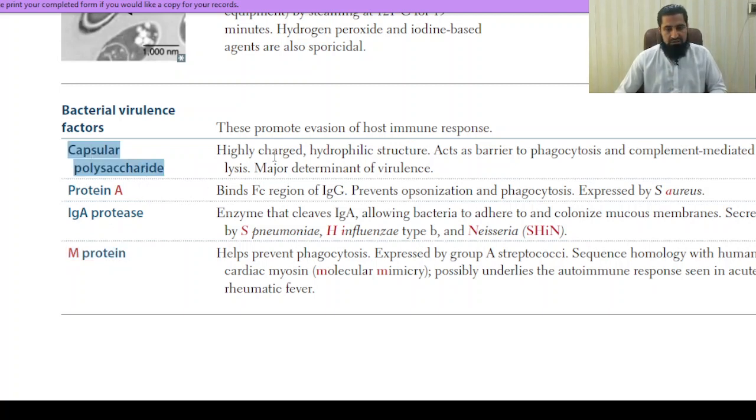Capsule polysaccharides are highly charged hydrophilic structures that act as a barrier to phagocytosis and complement mediated lysis. They are a major determinant of virulence.